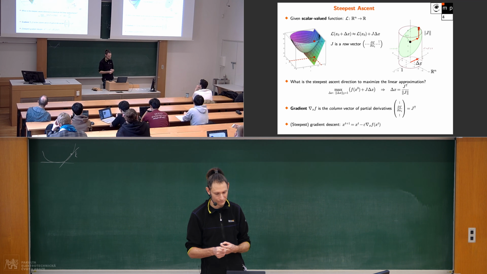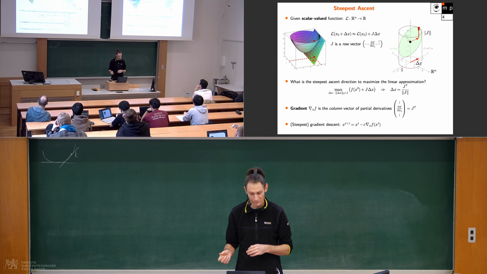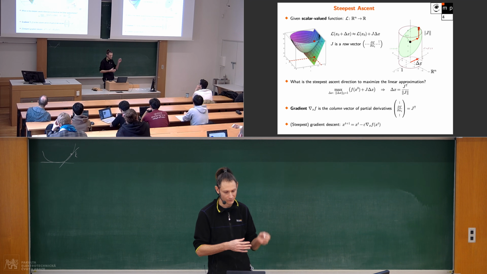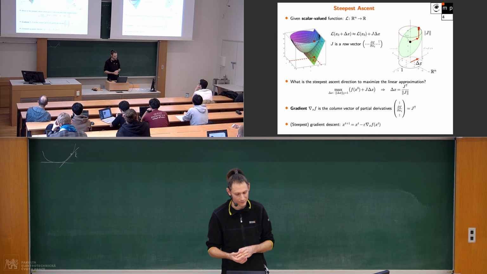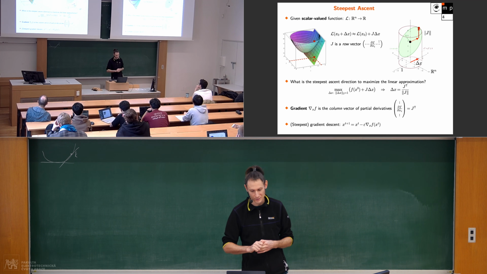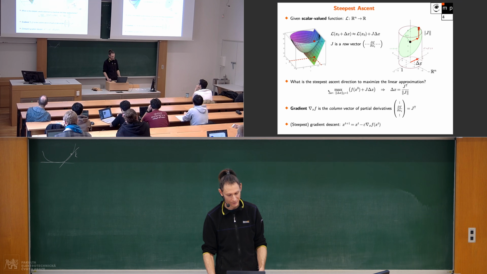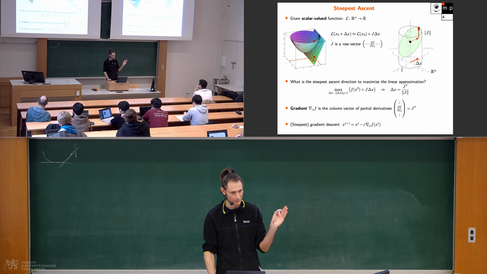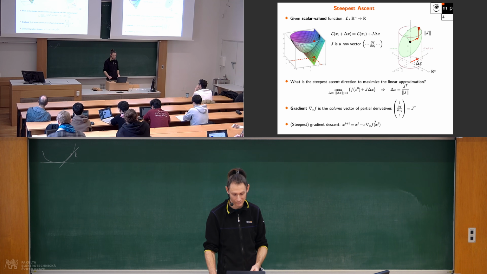And gradient is defined to be a column vector of the partial derivatives. For reasons that, suppose you want to do gradient descent, then from the column vector of your current point, you want to subtract some other column vector, and that column vector is then taken to be proportional to the gradient.